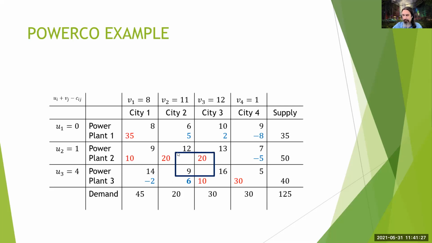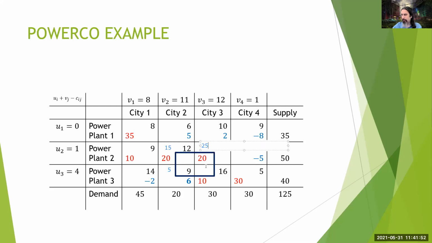But if this one becomes 15, then the sum over here will change. It will become 45. And if this becomes 5, then the sum over here will change as well. It will become 25. So to compensate for that change, I should increase this value. This 20 will become 25. So what I have got here is, let's just write them. This one becomes 15. This one becomes 5.